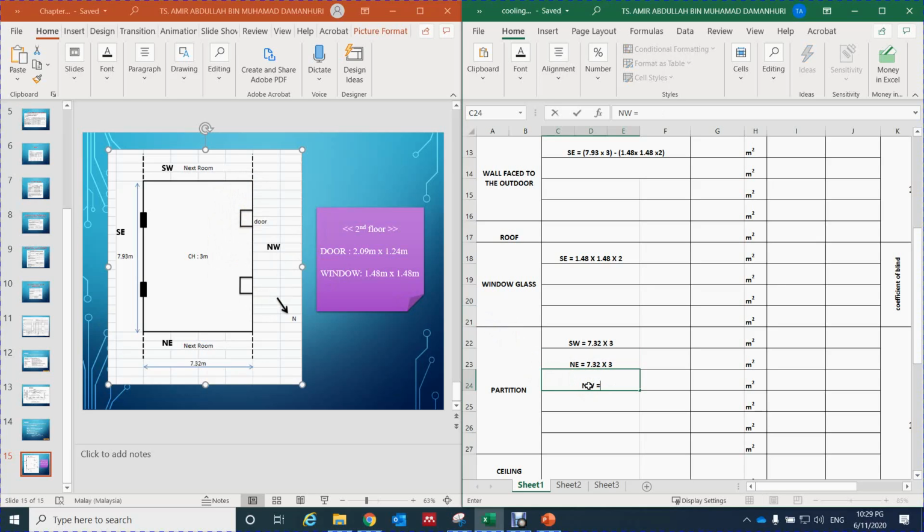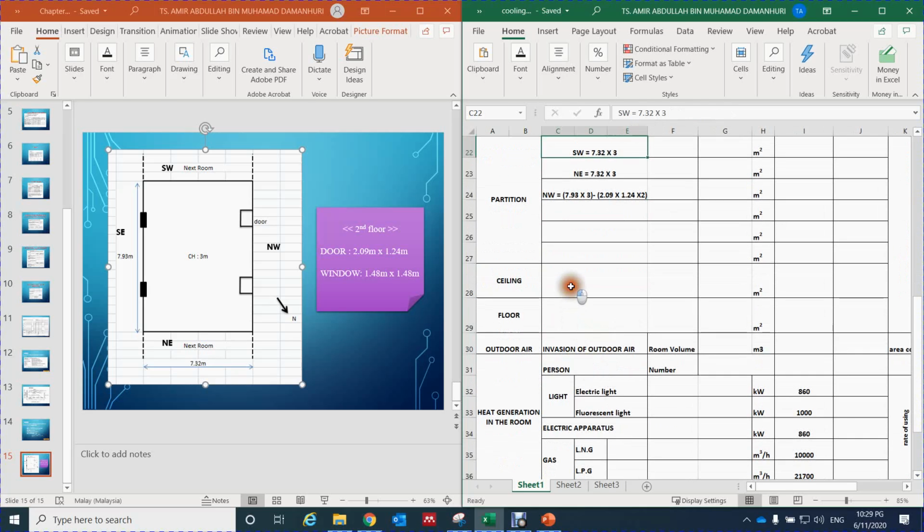So northwest is equal to all of the wall here, 7.93 times 3 ceiling height, and then we have to minus what we have here, two doors. We have to minus 2.09 times 1.24 meter, and then multiply by 2 since there are two doors.